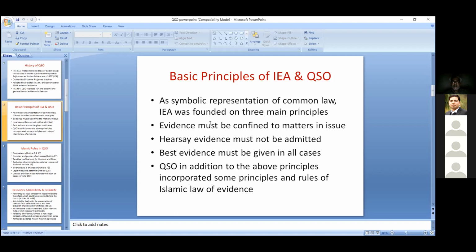The third principle deals with the best evidence rule. There are situations in which we may have many kinds of evidence. One piece of evidence is good, another is better, and another is best. Law requires that the evidence which is best in any specific circumstances should be presented. These are the basic three principles on which our law of evidence is based.